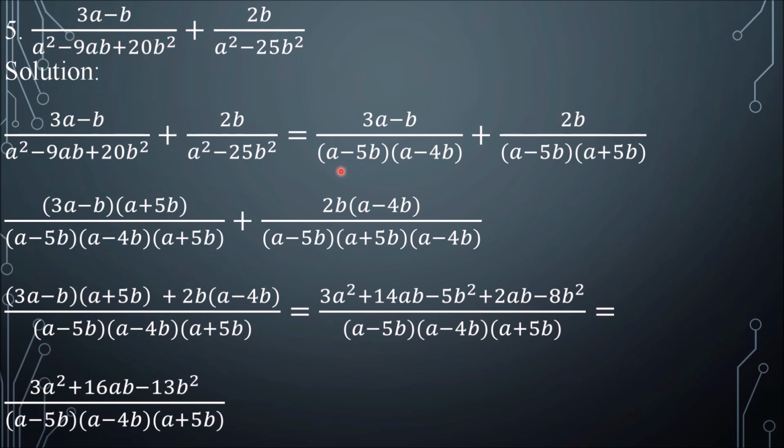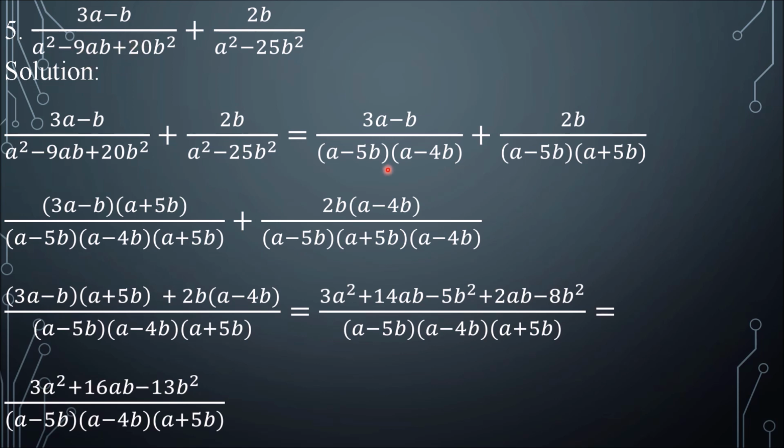So that will be (a - 5b)(a - 4b). Second, we need to factor the second denominator, a squared - 25b squared. That will be (a - 5b)(a + 5b). So remember the difference of two squares. And this one, factoring a general trinomial.